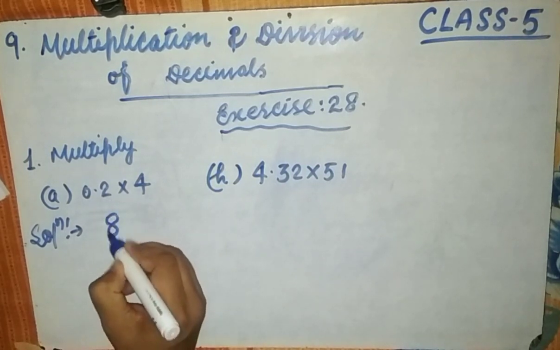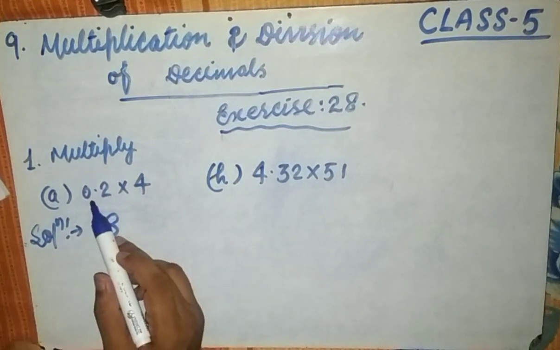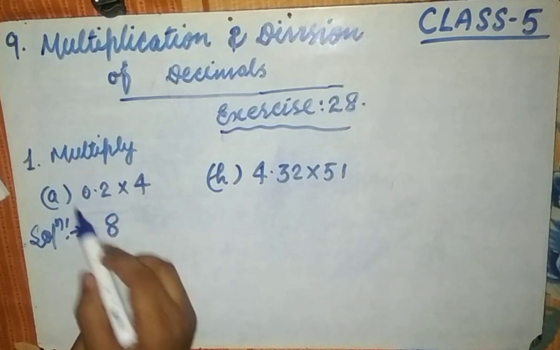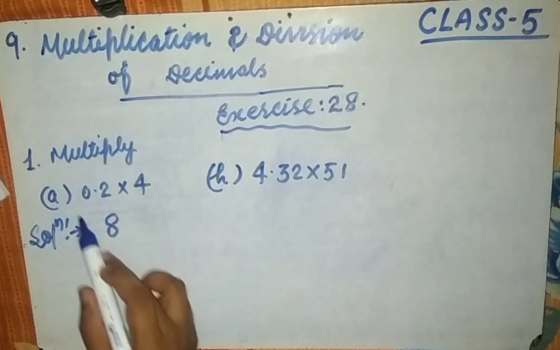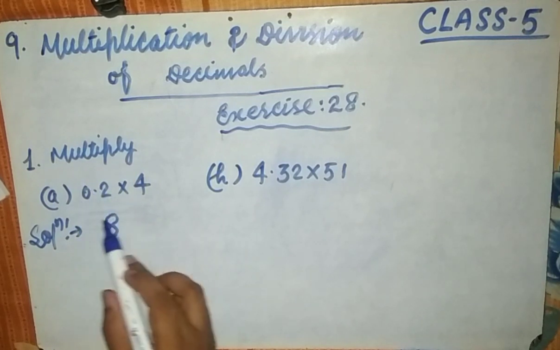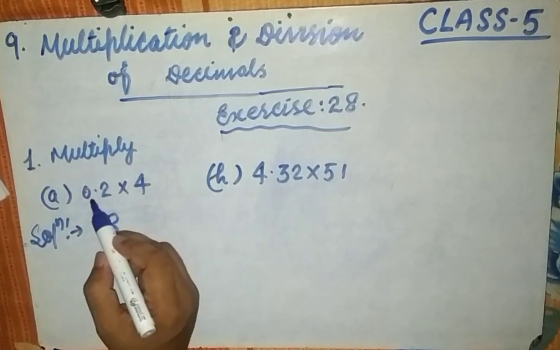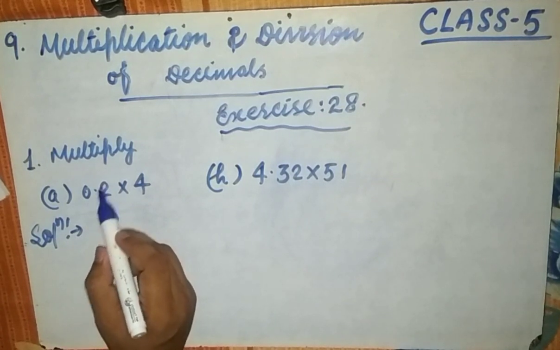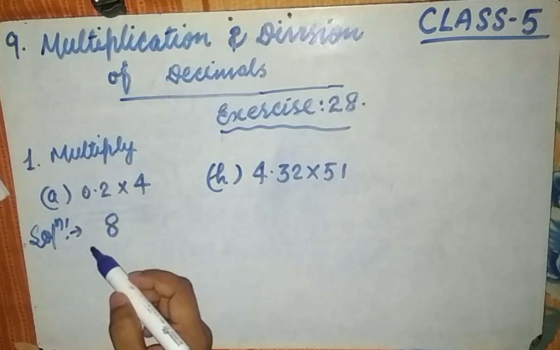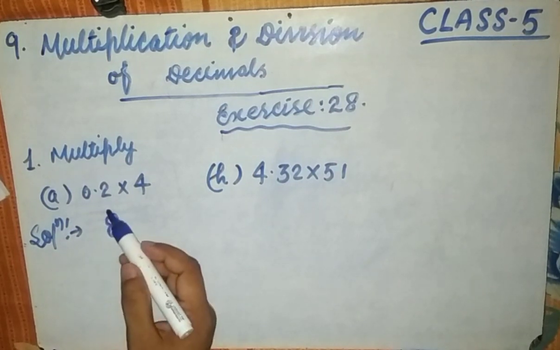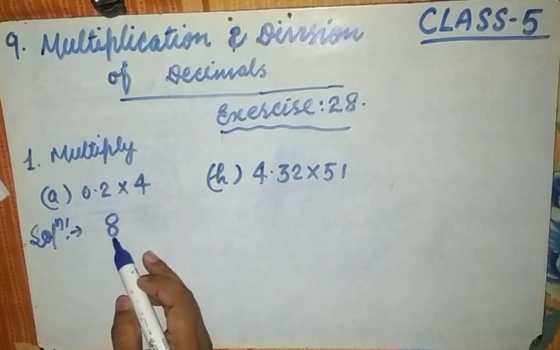Now see, friends, look at how many digits are after the decimal. There is one digit, because this is a decimal fraction with one decimal place. Why? Because after this decimal point there is one digit, so this is called a decimal with one decimal place. Now first multiply their numerical values. 4 twos are 8, right?